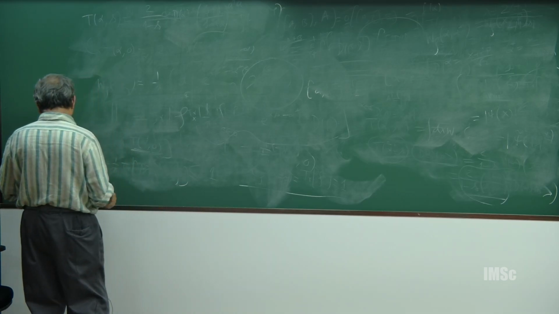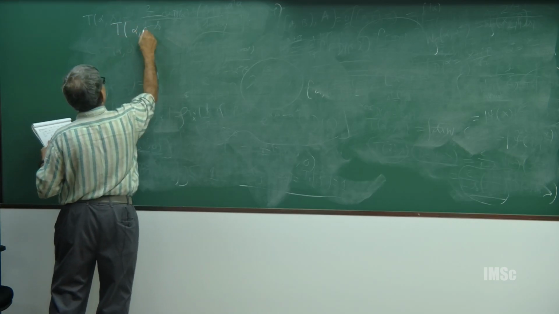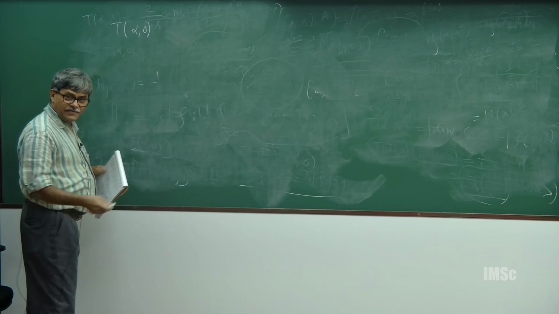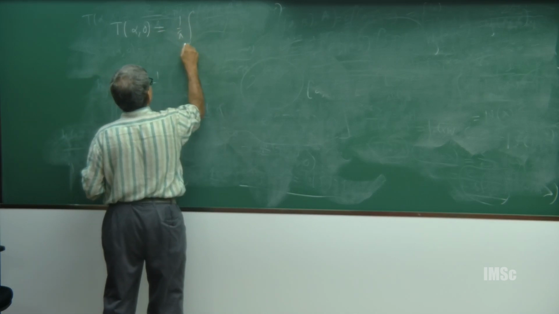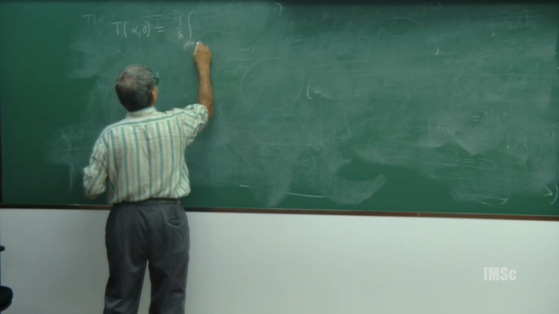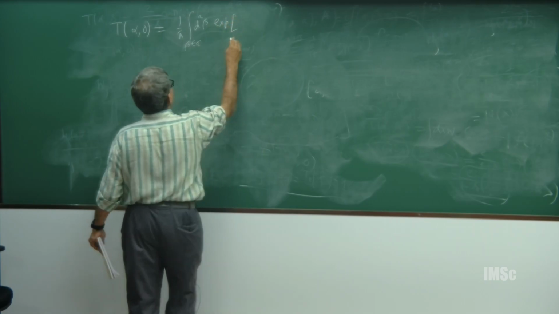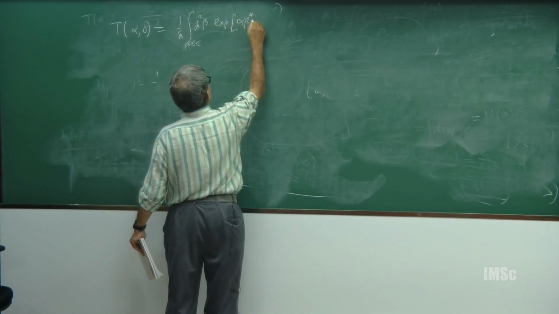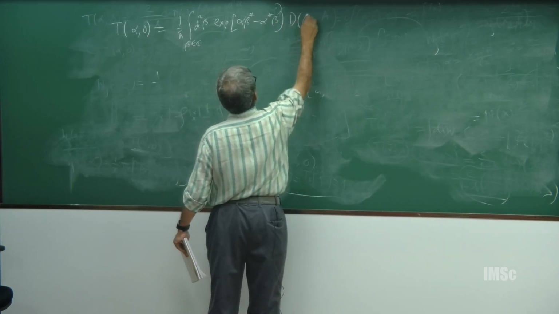So let us take this T of alpha, 0. This is T of alpha, s, and according to our definition, this is the Fourier transform of exponential of alpha beta star minus alpha star beta, of D of beta, s.